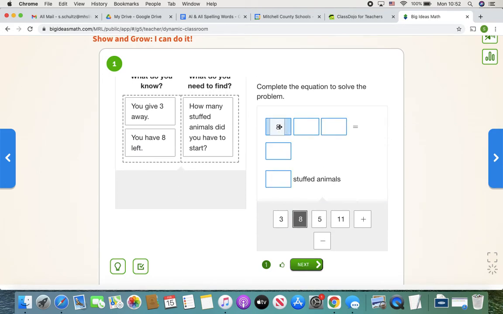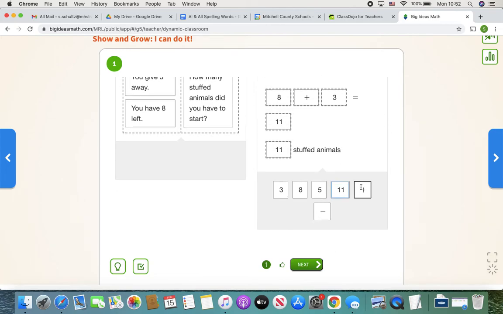So we have 8 plus 3 equals 11. So we had 11 stuffed animals to start out with, because we had 8 left over and we gave 3 away, so if we add 8 plus 3 to figure out the total starting value, we get 11.